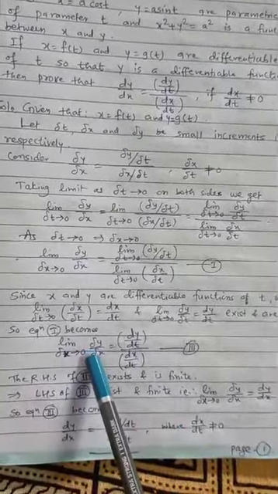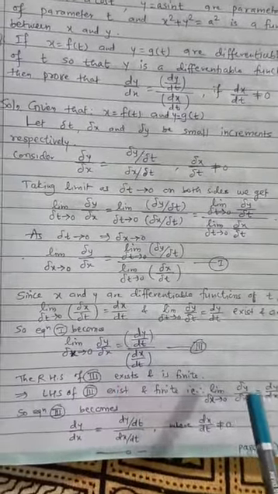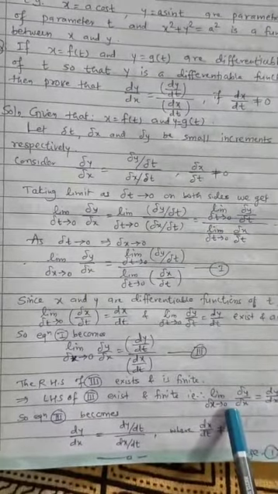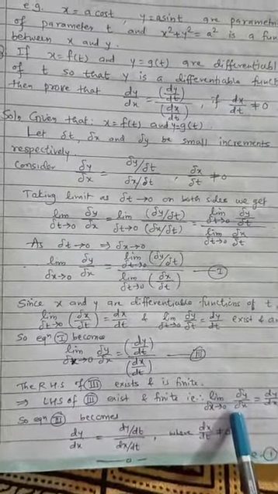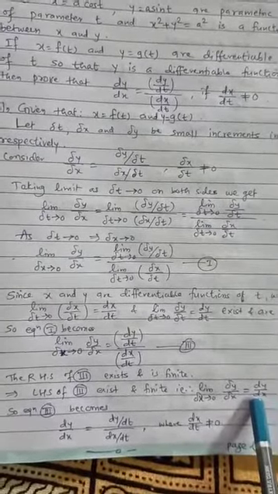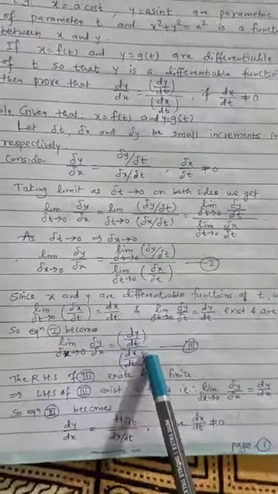Means this left hand side exists, means the limit value exists. What is that limit? Limit delta x tends to 0, delta y upon delta x is equal to dy upon dx. Now put this value in equation number 3.